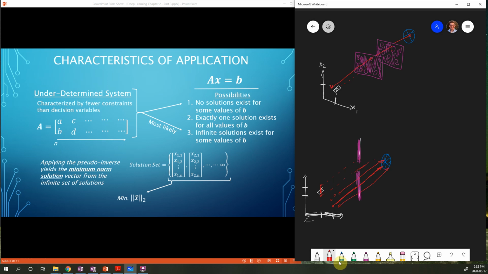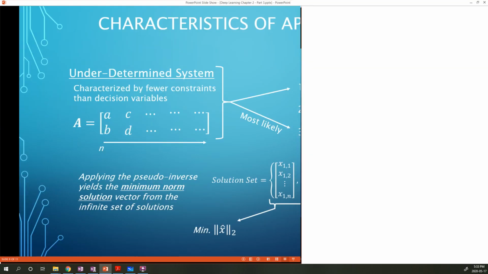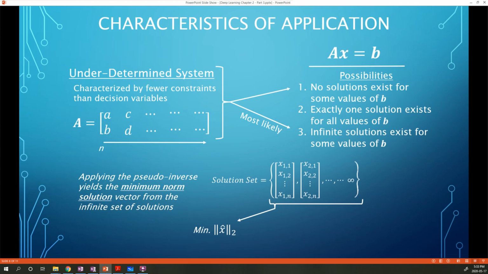So that's the reason we have infinite potential solutions, is because you're free to pick any one of these points, and because we're working in continuous space, there's infinite points all over this place. So that's an analogy for the underdetermined system in physical space.